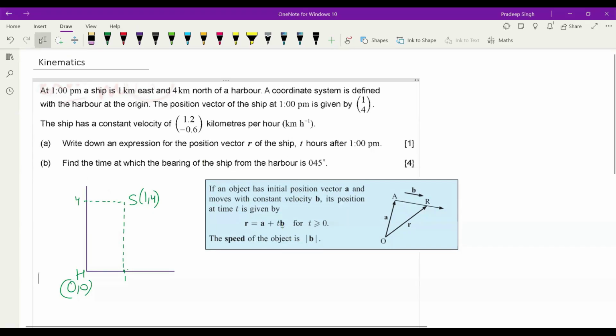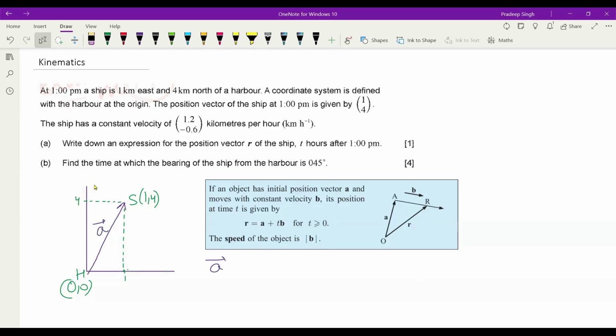So in this question, the A vector, which is the initial position vector, is 1, 4. And you can see the diagram on the left where the harbor is at the origin and the ship is at 1, 4. So by definition, if I connect the harbor origin with the ship, this HS will be the position vector initially. That is A vector.